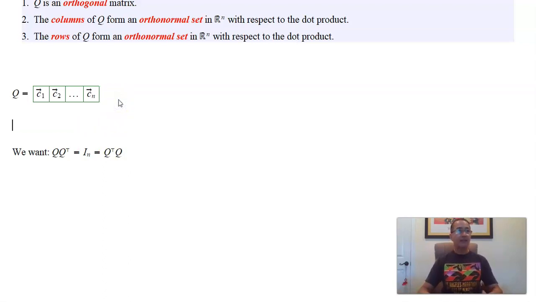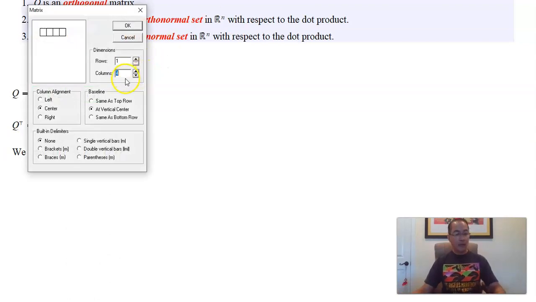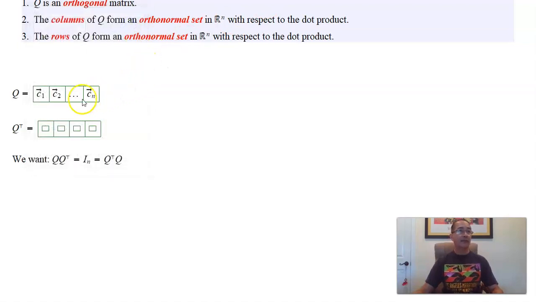So if that is the Q, what does Q transpose look like? This time we're going to write it vertically. Except here's what's going to happen. We have column 1 over here.